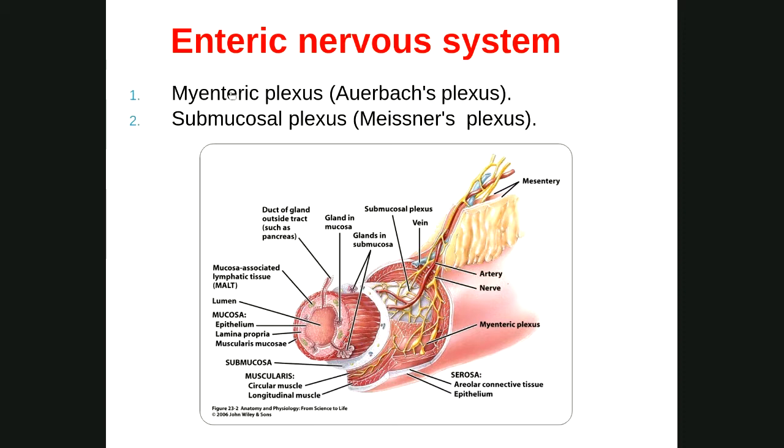And this plexus, or Auerbach plexus, exists between the inner circular and outer longitudinal smooth muscle layers in the gastrointestinal tract. So it is between the muscle layers, and it controls the muscle action. It controls movement and peristalsis.